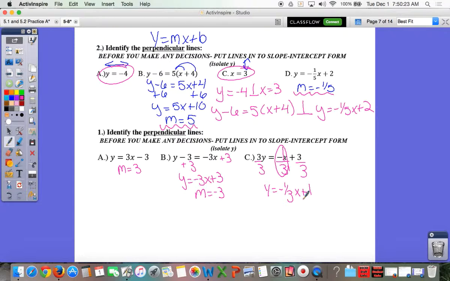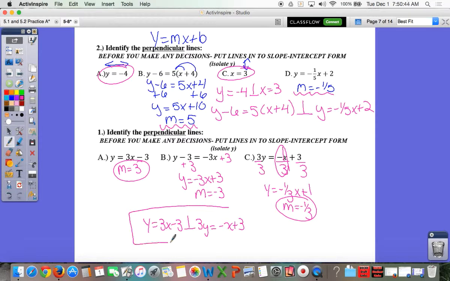Now, 3 and -3, they're opposites, but they're not reciprocals. Positive 3 and m equals -1/3, they're opposite reciprocals. So for this one, I would say that y equals 3x minus 3 is perpendicular to 3y equals -x plus 3. Again, writing our original equations out.